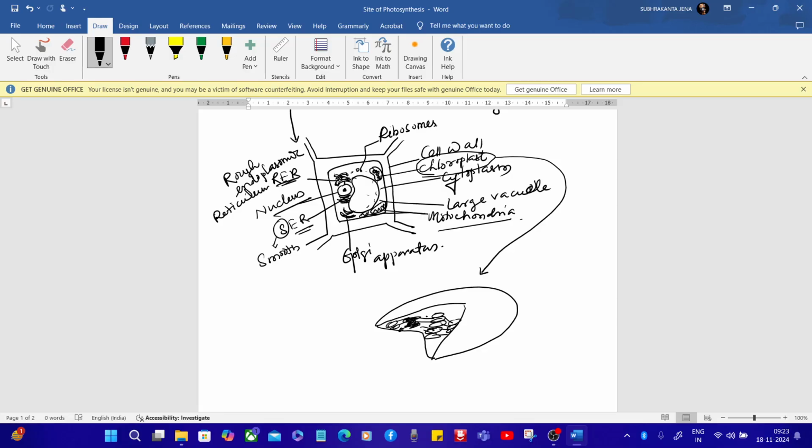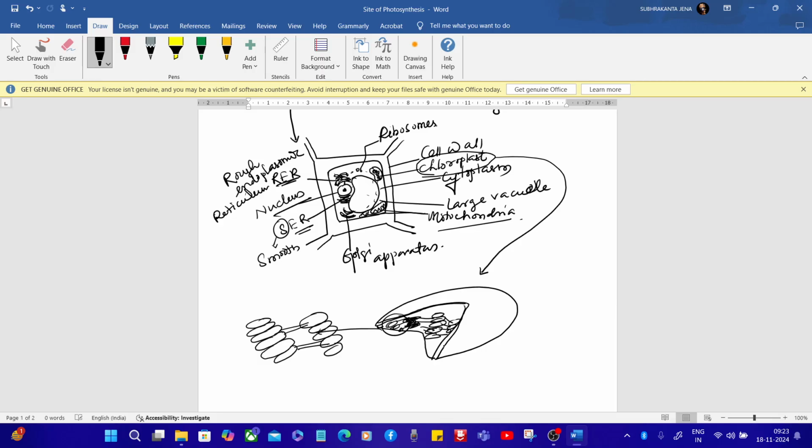And if I separately show you this structure, it will be something like this, a disc-like structure. Again there will be another stack-like structure here, and those are interconnected with each other. And this is a double membrane, that's why I'm showing it like this.